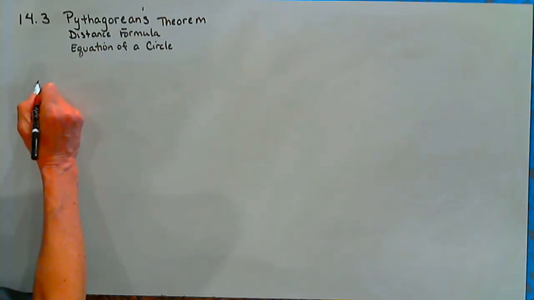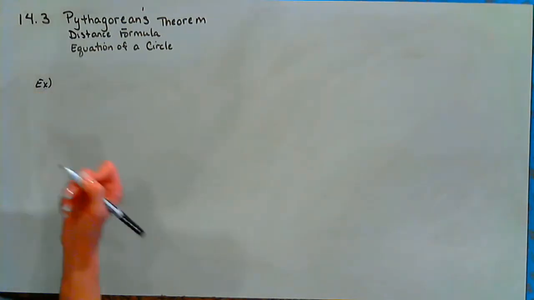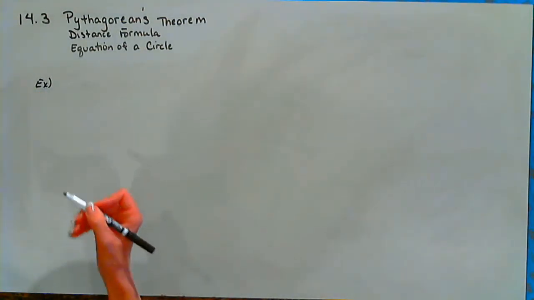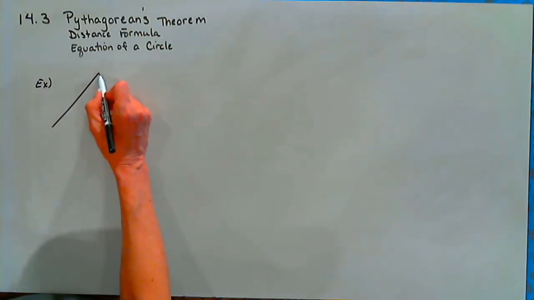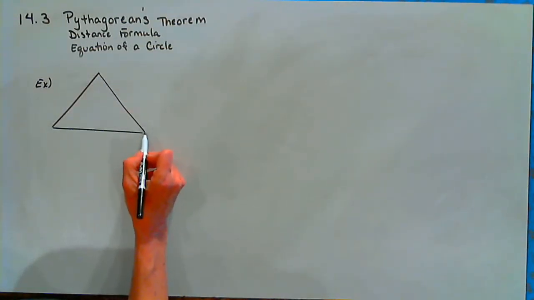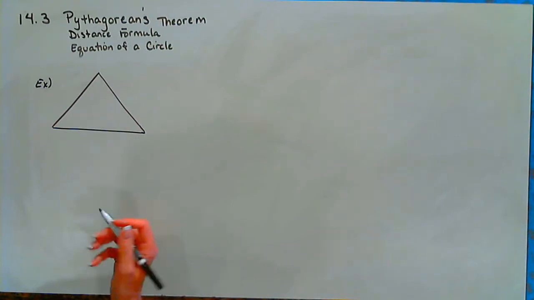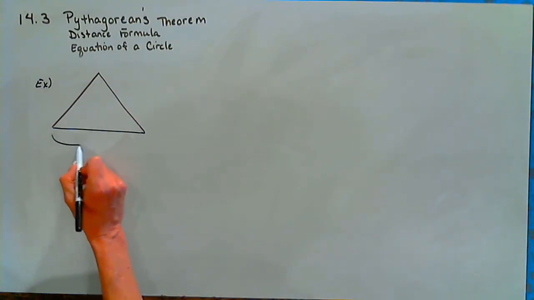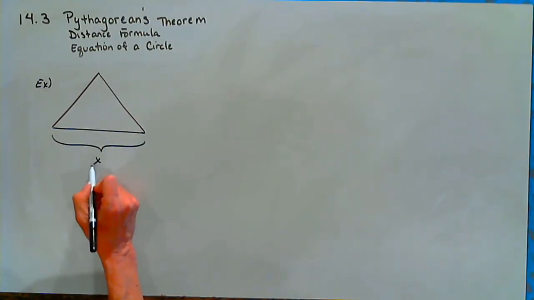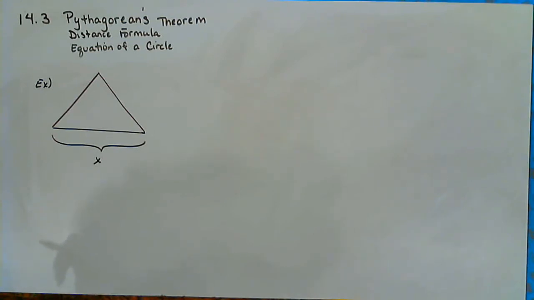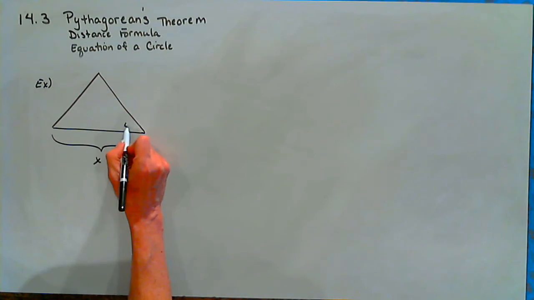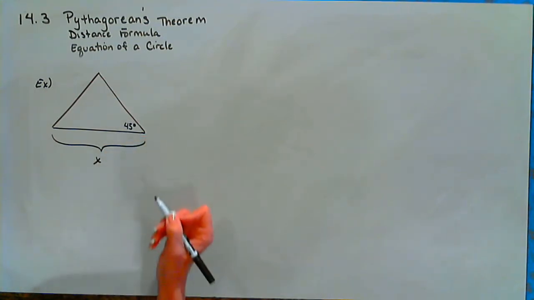So here's what I might ask you. Sort of put it all together. I'm going to give you a triangle. And I'm going to tell you that this base, the entire base, is x units long. I'm going to tell you this one base angle is 45 degrees.